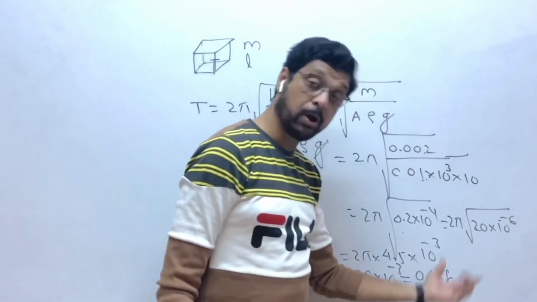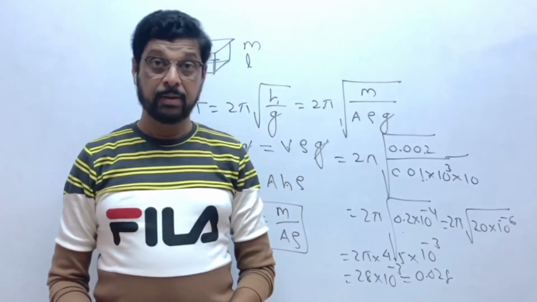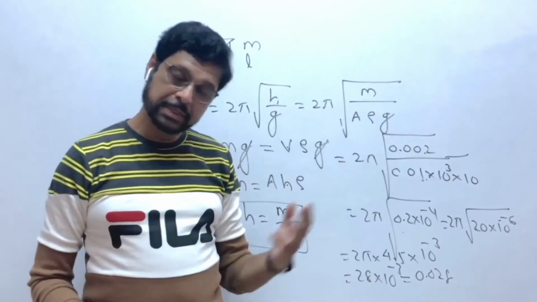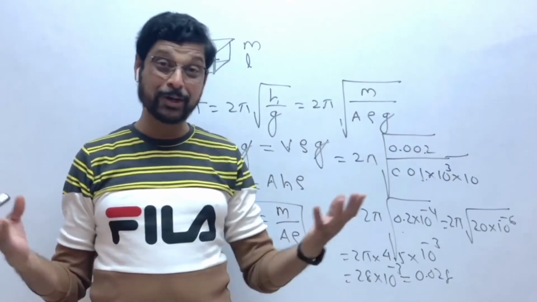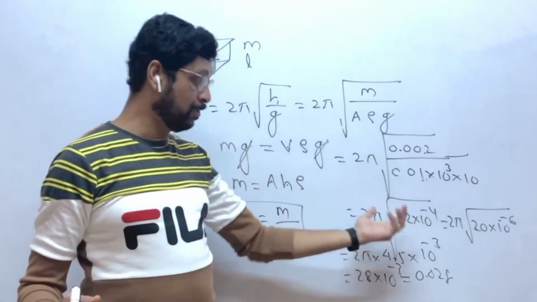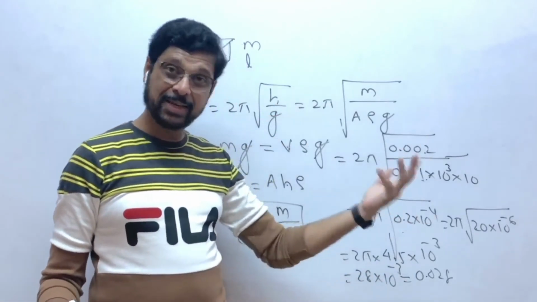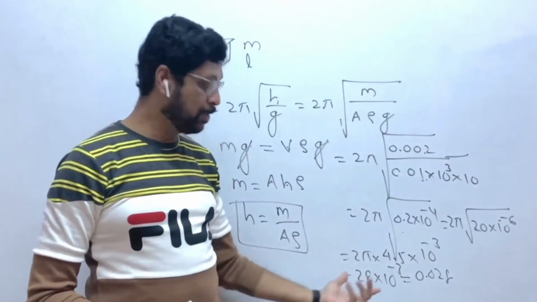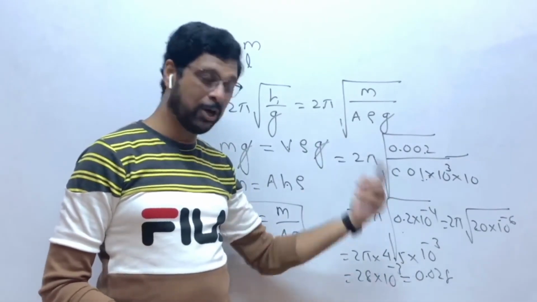Obviously this is an approximate answer, and the exact answer is 0.028 seconds. So you got the exact answer. We did not do the exact calculation, we did approximate calculations, but you got the exact answer, that is 0.028 seconds.